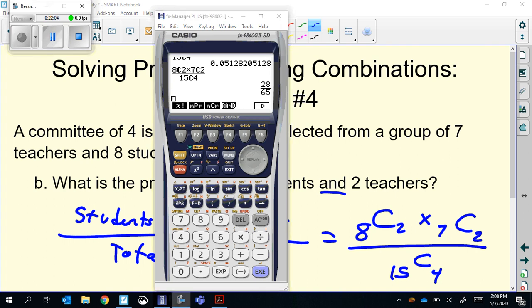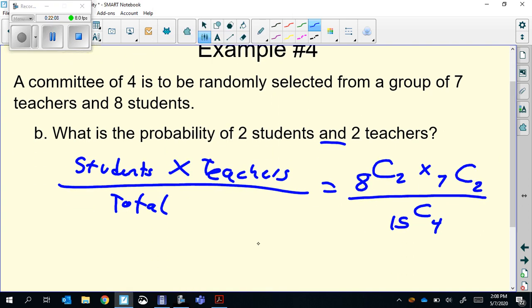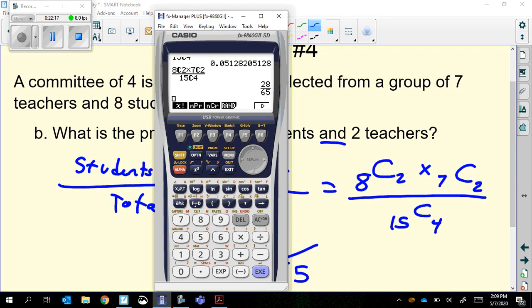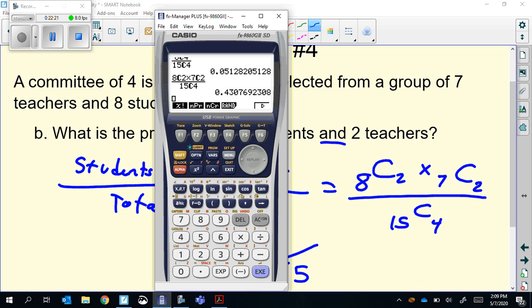So it's 28 out of 65. And if we wanted the decimal, change it to a decimal, about 43% or whatever.